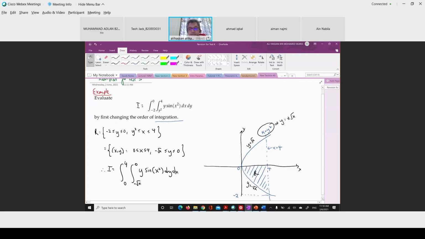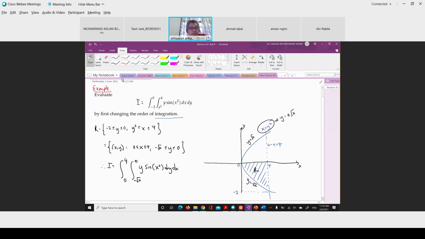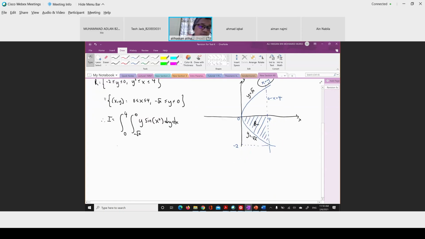The integral of y is half y squared. So integrating y with respect to y, it is y squared over 2, with y between minus square root x and y equal to 0.